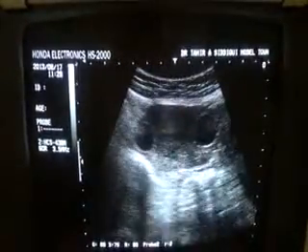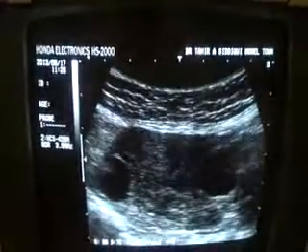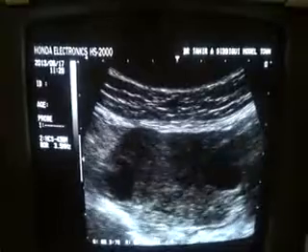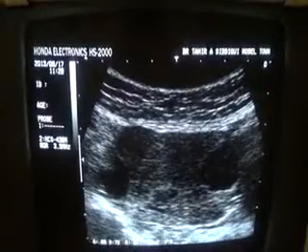Now you see there are in fact two sac-like structures, and she is extremely tender to this area on scanning.